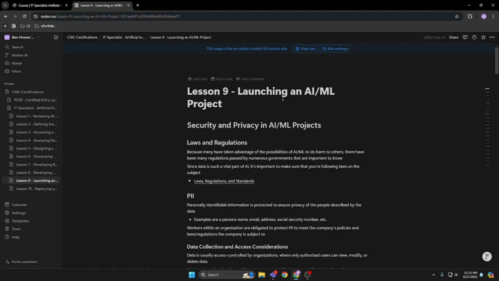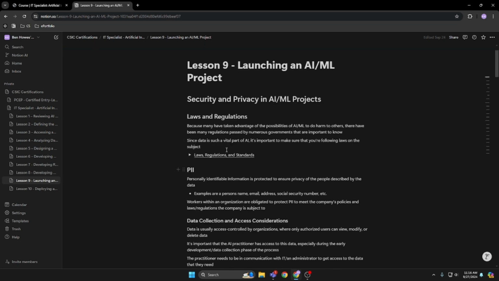And then we move on to lesson 9, which was a lot about the business side of it, and how to go about making a machine learning or AI model in a business. It goes through laws and regulations that you have to make sure you're following, depending on the sort of data that you're using.